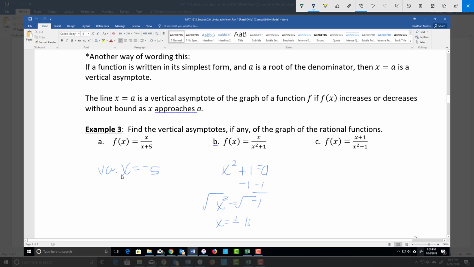So plus or minus 1i. Because of that, there is no vertical asymptote because we got an imaginary number.